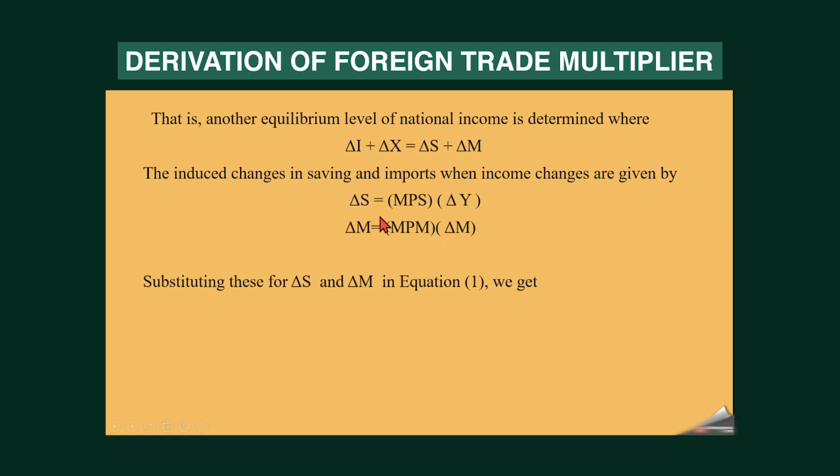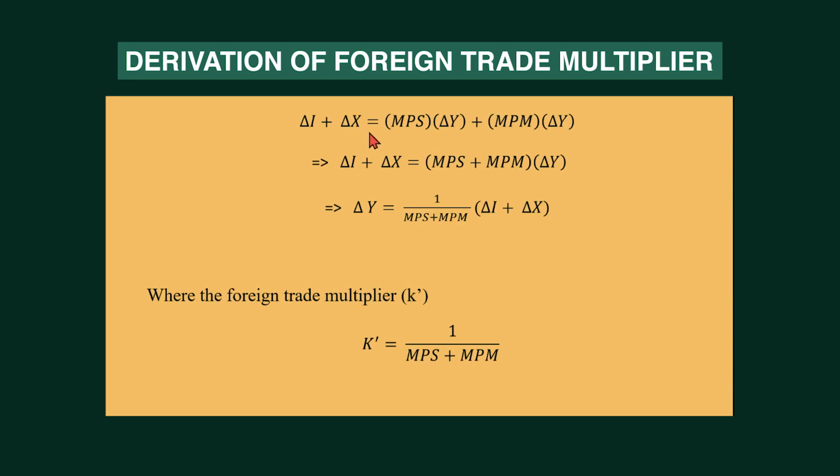Now if I substitute this value of S and M in equation 1, we will get delta I plus delta X is equal to MPS into delta Y plus MPM into delta Y. From the right hand side, we can take delta Y as common. And we then have MPS plus MPM into delta Y. We can transfer this to the left hand side and we can have delta Y is equal to 1 by MPS plus MPM.